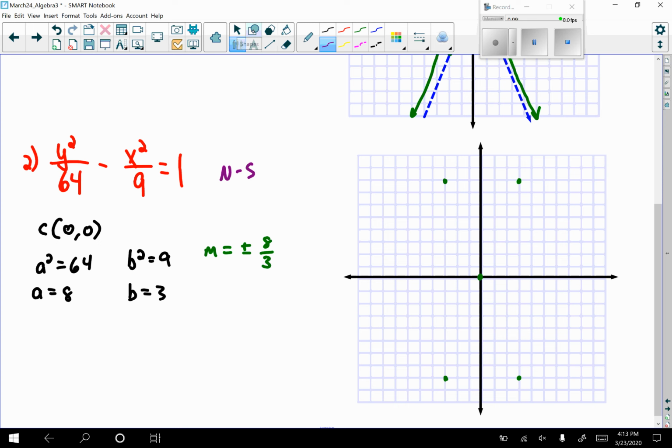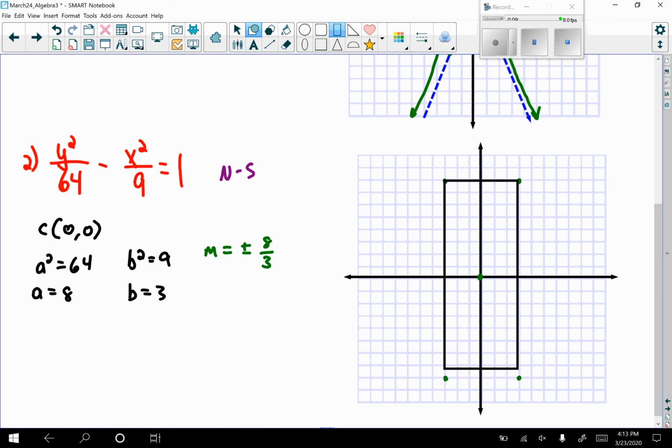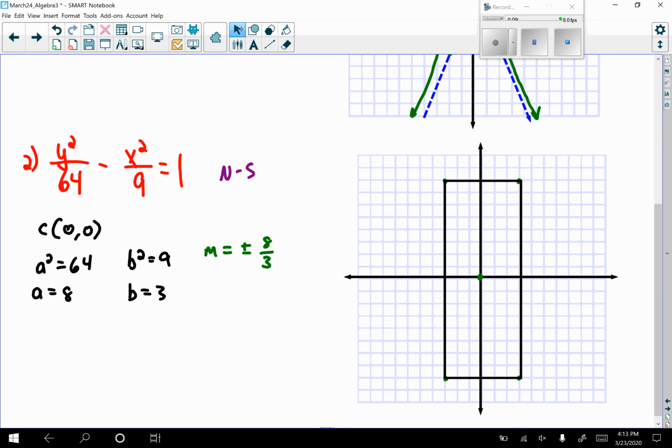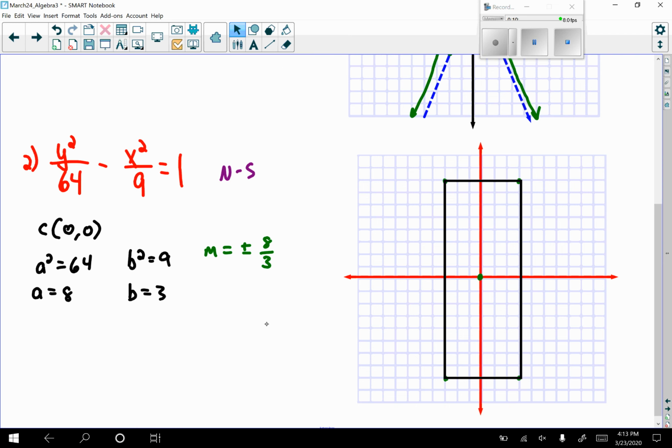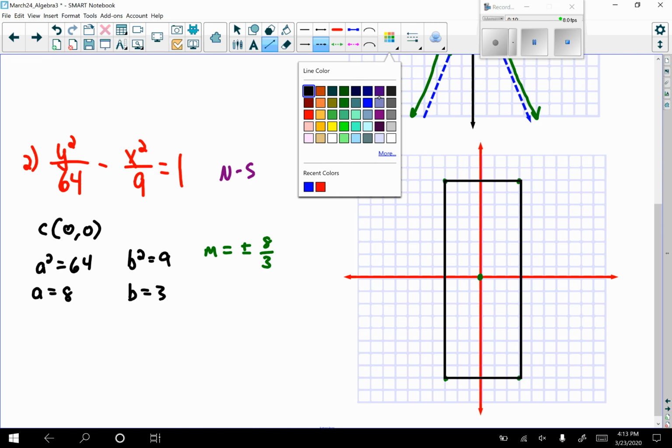Let's go ahead and draw on our rectangle. Maybe I'll make this a different color. I don't want to change that. That's good enough. Makes it a different color now. All right, so we're going to go ahead and draw in our diagonals, as best we can here.